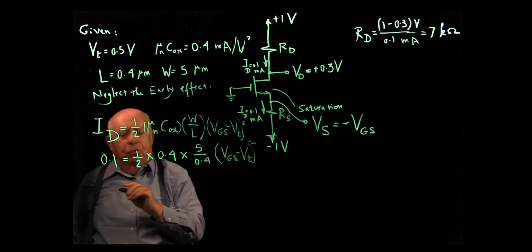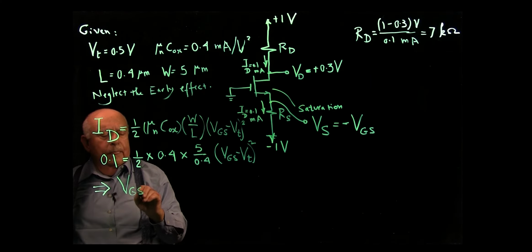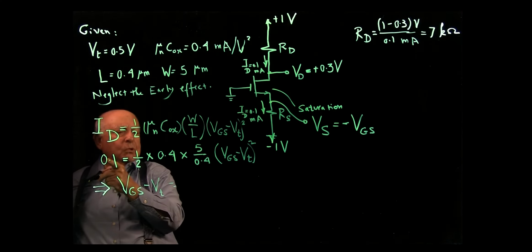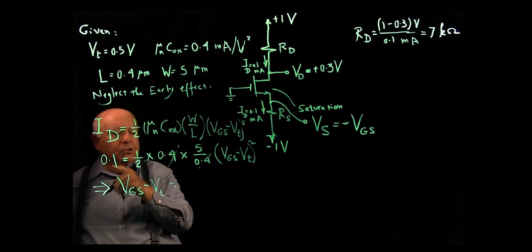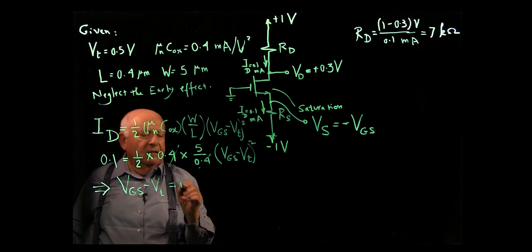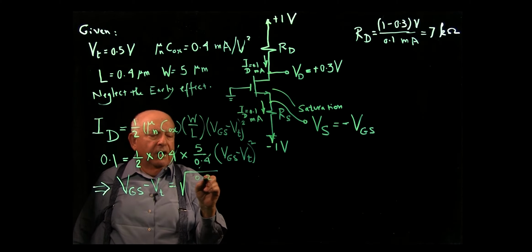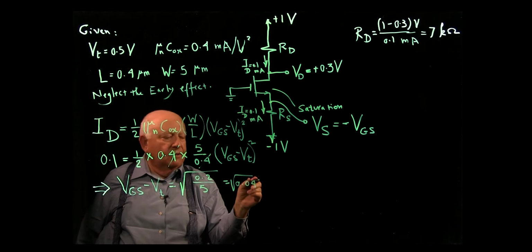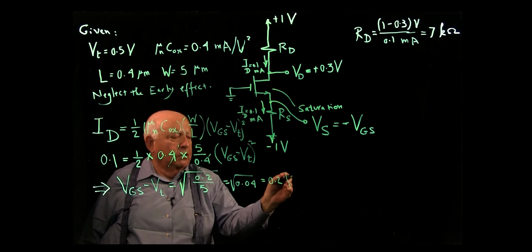This equation I can use to get VGS minus VT. If I multiply it out, I'll have 2 times 0.1, that's 0.2. The 0.4 goes away with the 0.4, so VGS minus VT is the square root of 0.2 divided by 5, which is 0.04, which means that VGS minus VT is 0.2 volt.